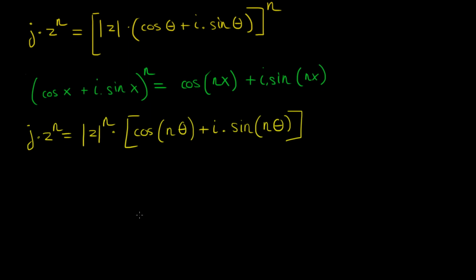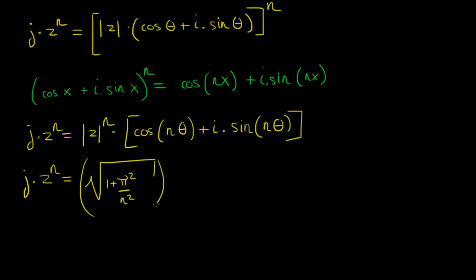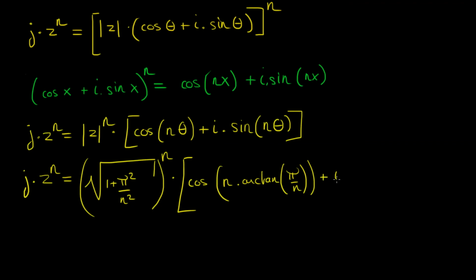So we can use that to get that j times z to the n power is equal to the square root of 1 plus pi squared over n squared, all of that taken to the n power, times the cosine of n times the arctan of pi over n plus i times sine of n times arctan of pi over n.